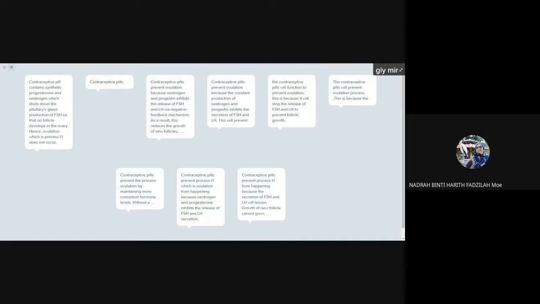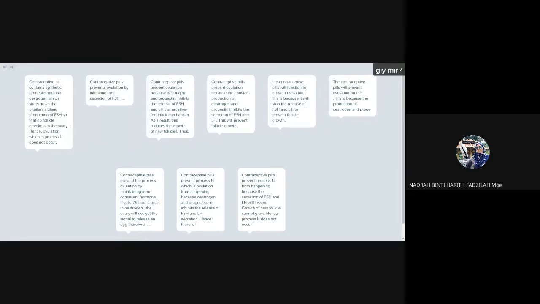So bila there is no peak, there is no stimulation or no signal to induce ovulation atau proses N. Okay. Untuk Alisa, ayat yang nombor 2 tu, itu dikira sebagai repeat soalan.